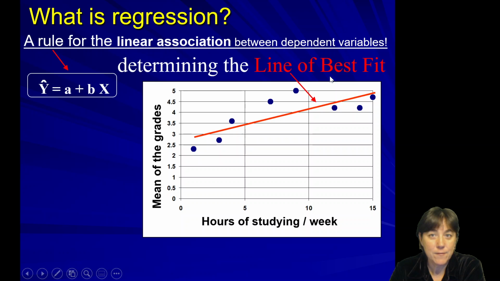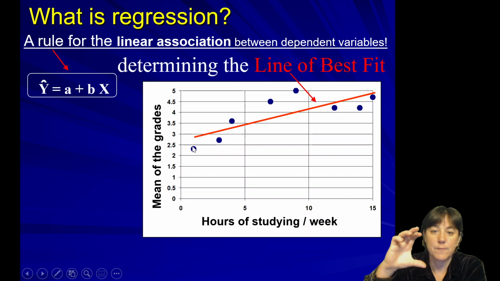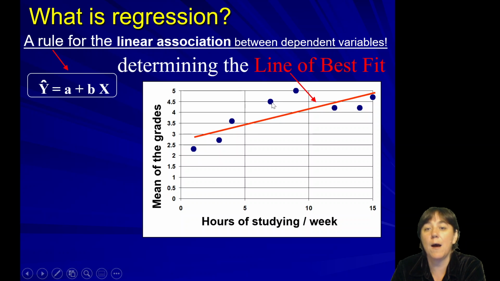Determining the line of best fit is done by statistical programs, but it's important to understand how the program does it. It simply calculates the differences. Look at here. These are how far these points are, either up or down, from the line.